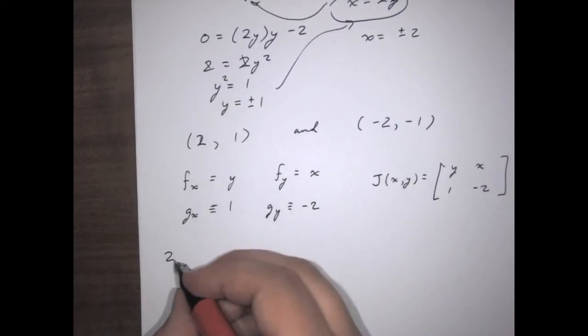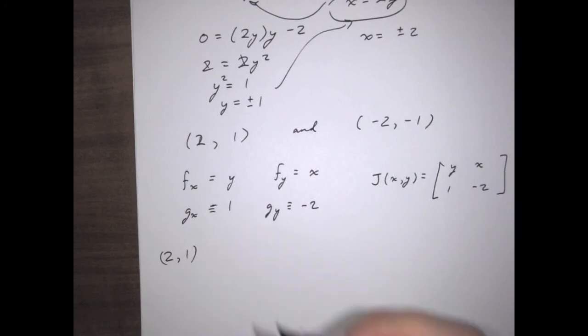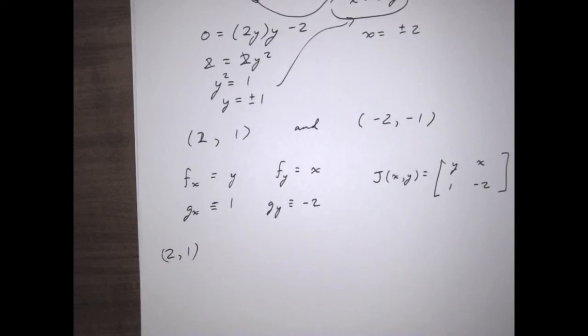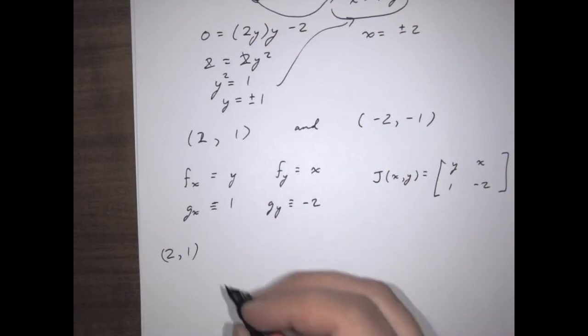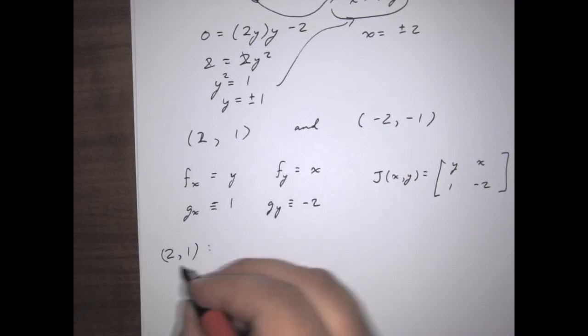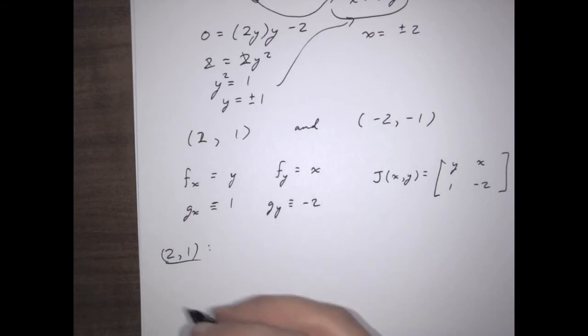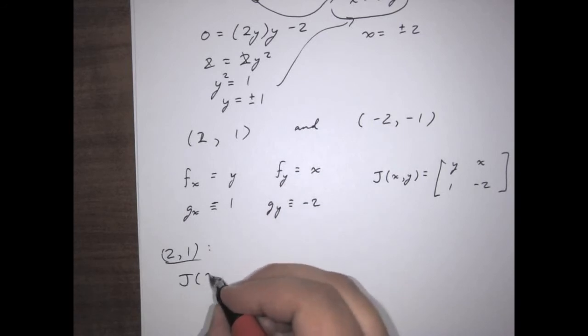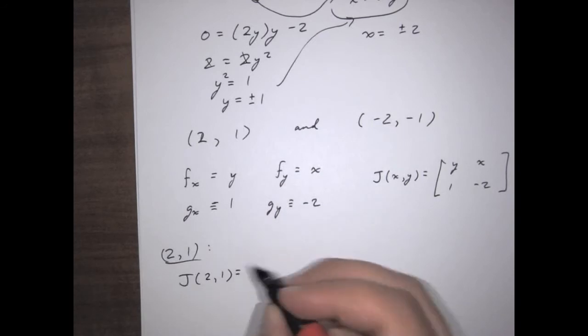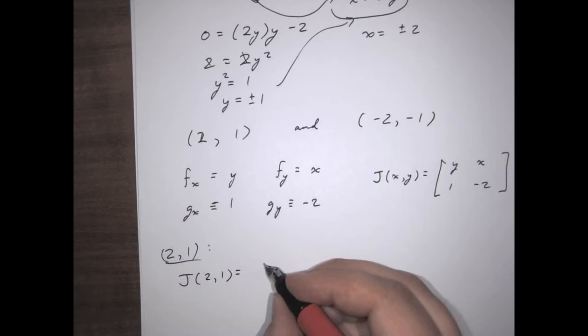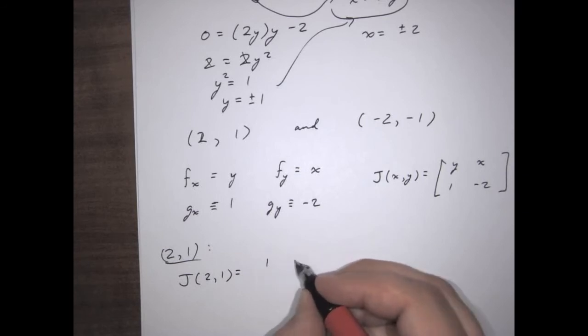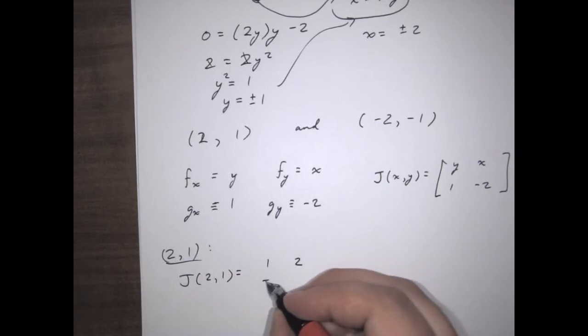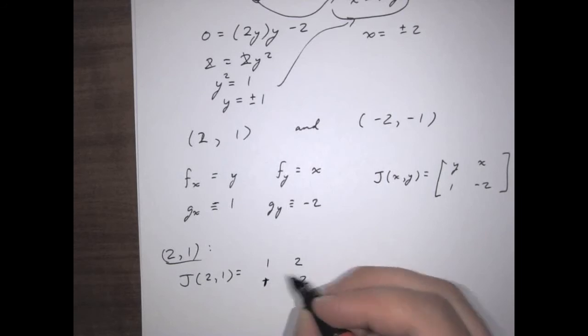Now, starting with the 2, 1 problem, then what we're going to have is J of 2, 1 equals, so 1 for y, 2 for x, 1, 2, 1, negative 2.